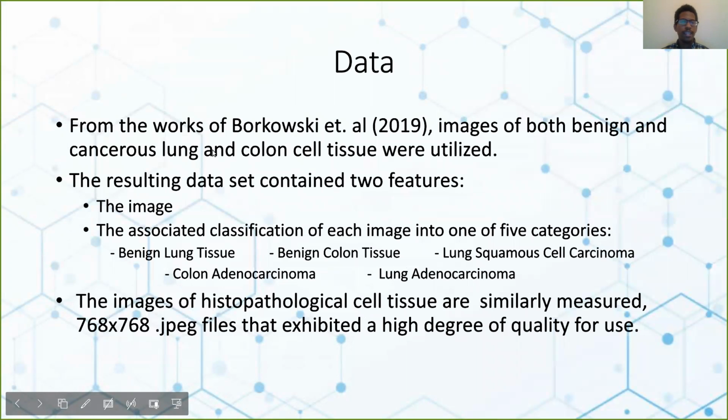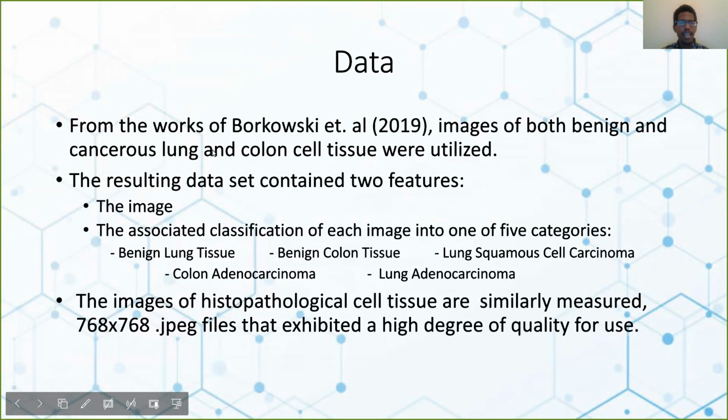In the works of Borkowski and others in 2019, we utilized images of benign and cancerous lung and colon cell tissue for the purposes of classification using machine and deep learning algorithms. The resulting dataset contained two features.